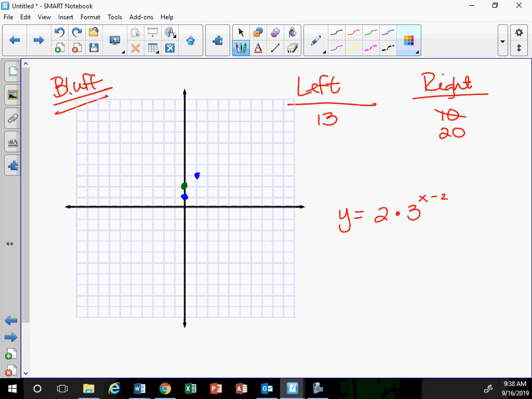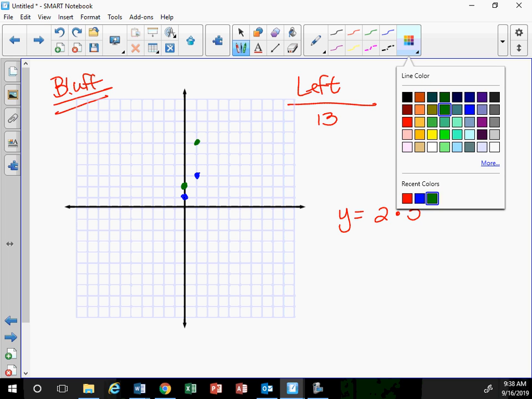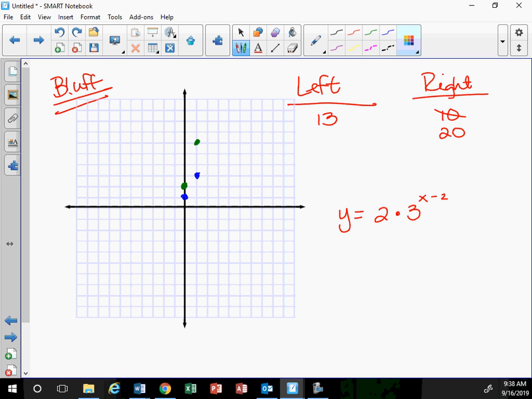And what about 1, 3? What will that become? Yeah, 1, 6. Then just move those points over; the asymptote has not changed. There you go. Okay? Does that make sense?